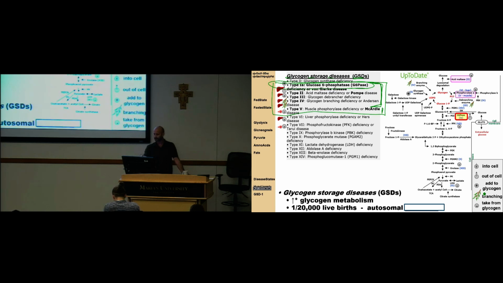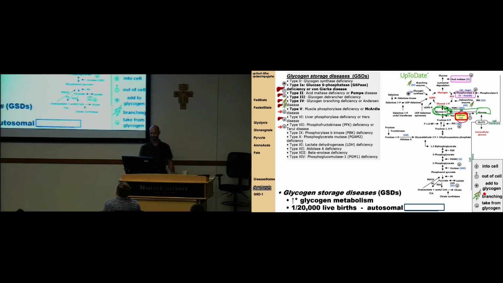So if you're looking at what these breakpoints are, I'm boxing here type 1A, right, as the most important and the bad one. So here is glucose, and glucose is coming in. We're going to be spending a ton of time right here, glucose 6-phosphate, right?